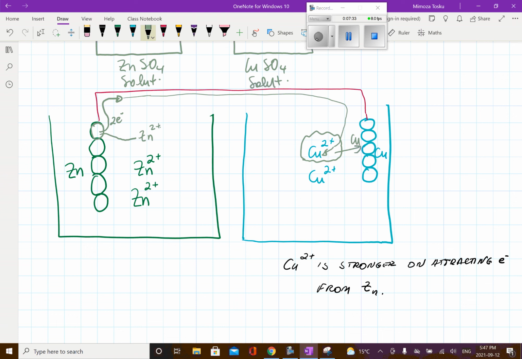Okay? And this is the process that is happening, so that when the electrons flow through the wire, electricity is produced.